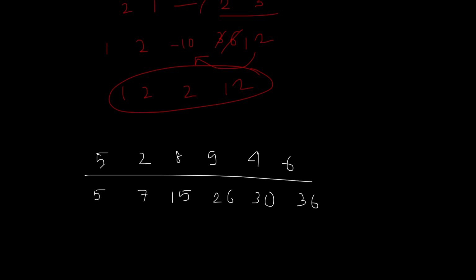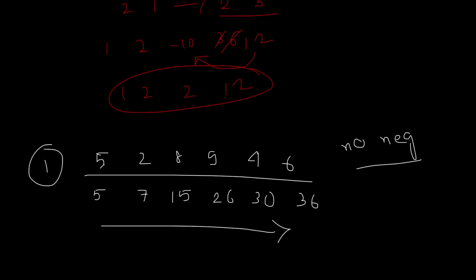So I've done the prefix sum, that is adding all the elements up to that number. Like 5 plus 2 is 7, then 7 plus 8 is 15, 15 plus 9 is 26, 26 plus 4 is 30, 30 plus 6 is 36. So this is an increasing array, right? That's the solution if we are given an array of zero or positive integers, that is, there are no negative integers. So this is case 1, when there are no negative integers.